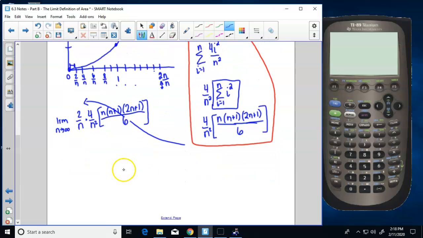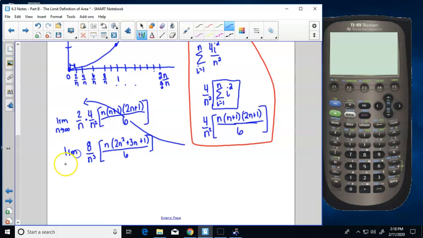Okay. So over here, this would be 8 over n to the third. Up here, I think I'll multiply these two together first. So you've got 2n squared, plus n plus 2n, so you get plus 3n plus 1 over 6.